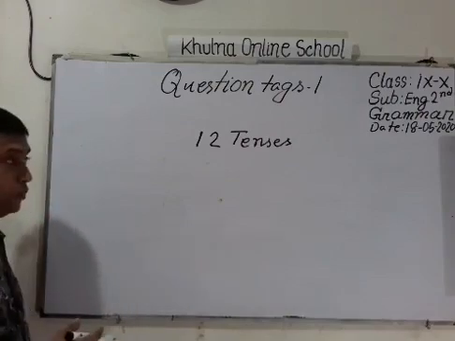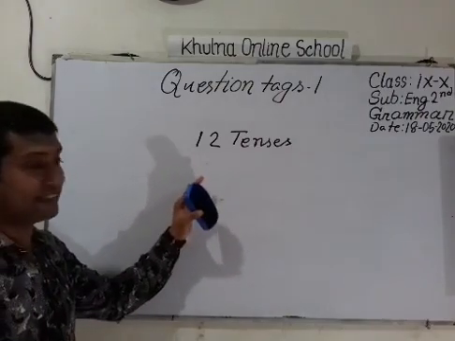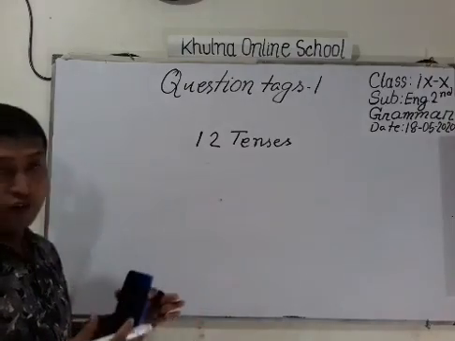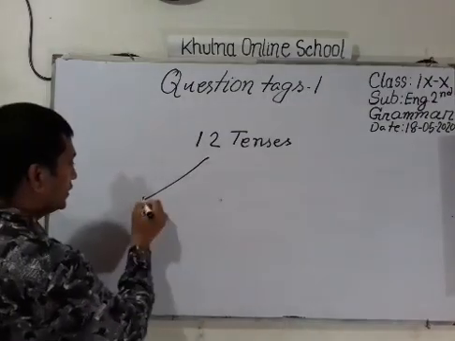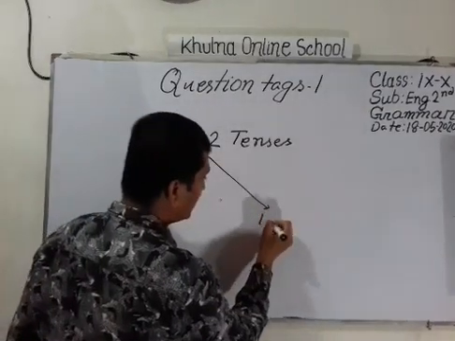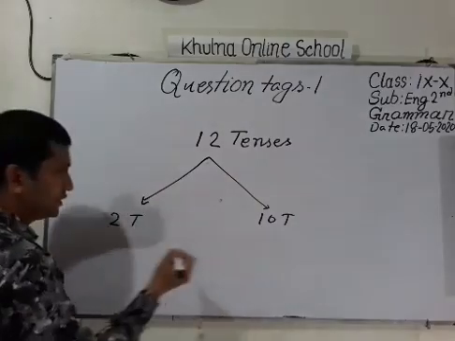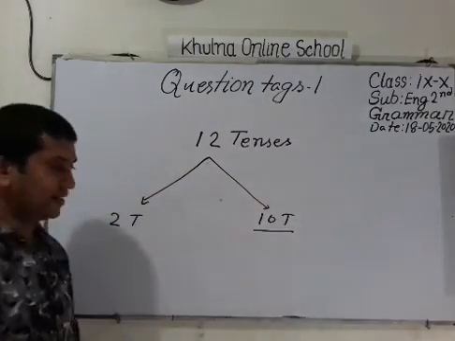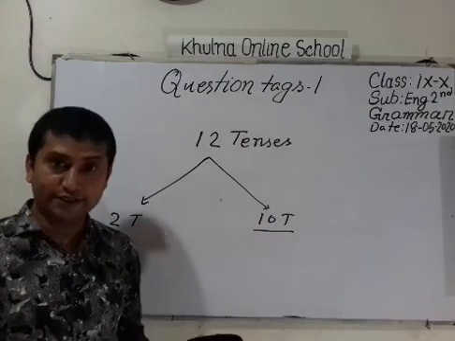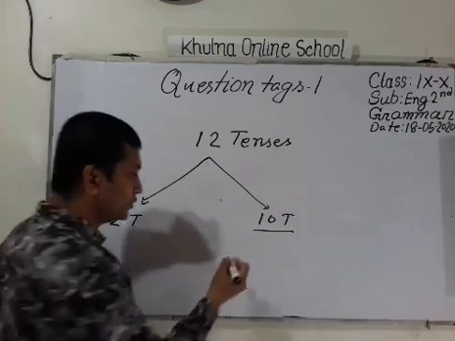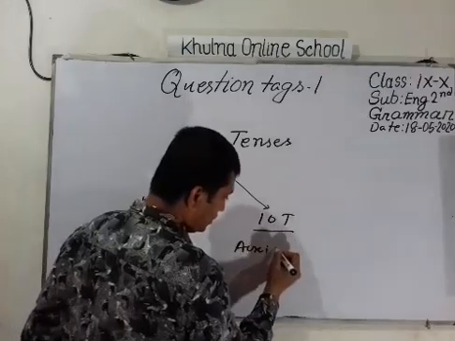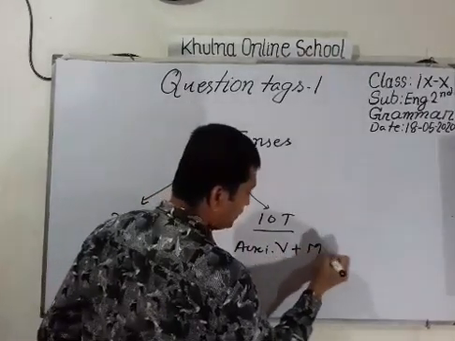We can divide these tenses into two parts on the basis of the number of verbs used. For example, number 1, 2 tenses, and number 2, 10 tenses. In the 10 tenses we always use a verb phrase. Verb phrase means we use an auxiliary verb plus a main verb.